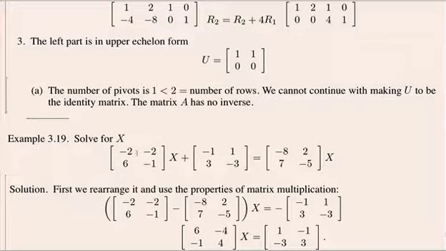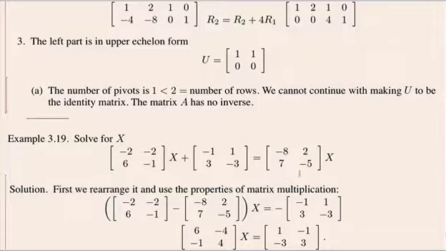Here's another example to work with matrices. This involves matrix inverse, but it involves a little bit more. So for X, this matrix equation, one matrix times X plus another matrix times X. First we rearrange it using the properties of matrix multiplication and addition.